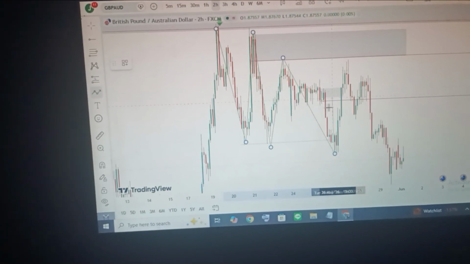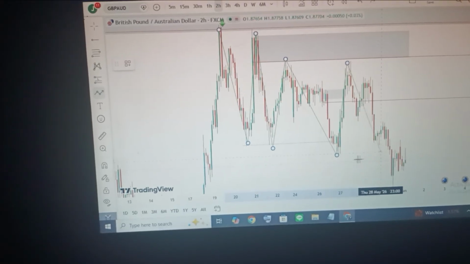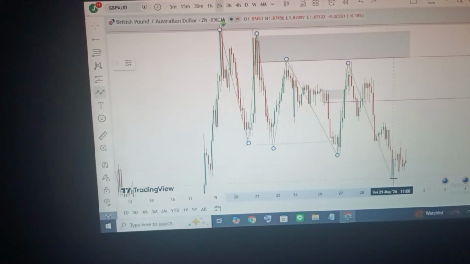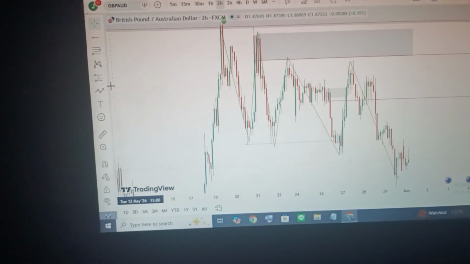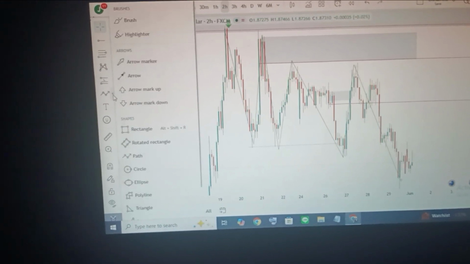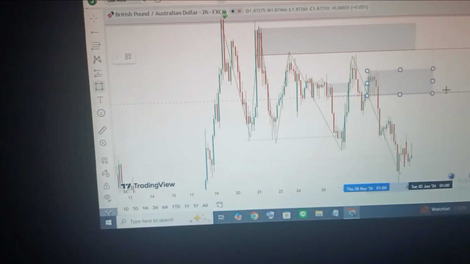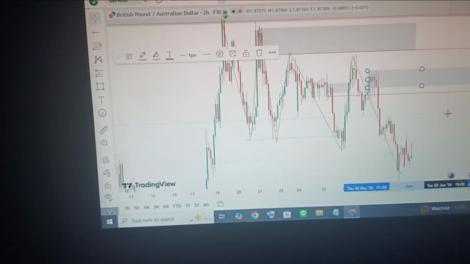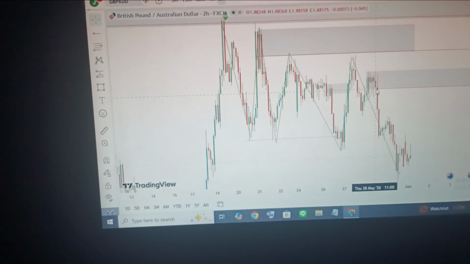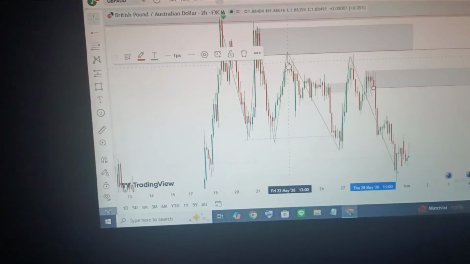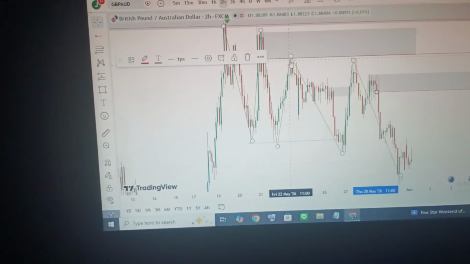Now what is currently happening is we have this high here. The market has already broken the structure to the downside. What I'm looking at in the market is this supply level here. Based on the mistake, this is a minor push, which is not occurring at the top.